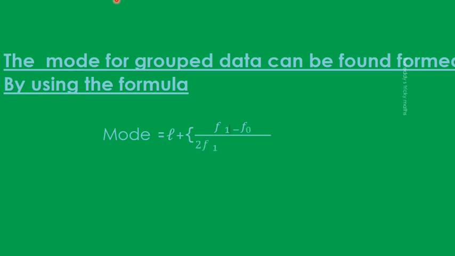We solve the mode in only one method, and we learn it very easily. The formula is mode equal to L plus f1 minus f0 by 2f1 minus f0 minus f2 into h.